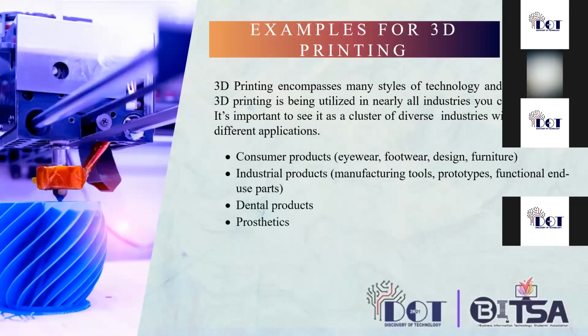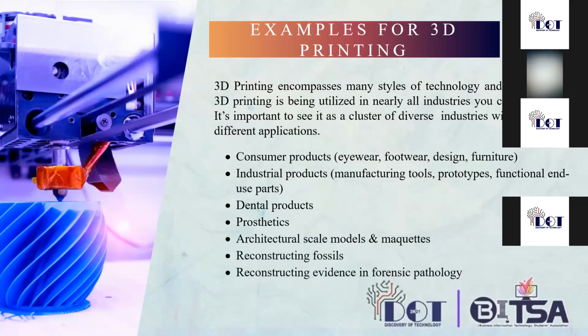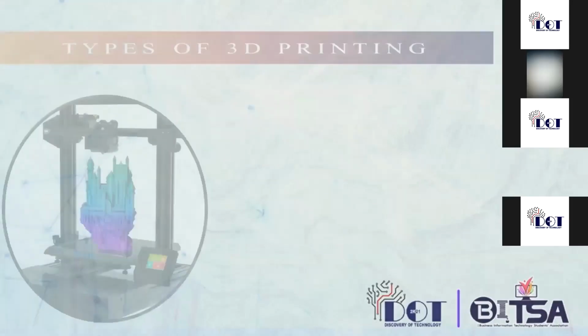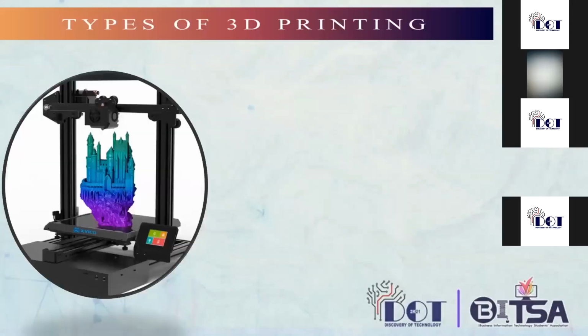The examples are home and building, consumer products, industrial products, prosthetics, limbs and body parts, dental products, architectural scales, military and firearms, and the last one is anything you can imagine. The next slide is about types of 3D printing.